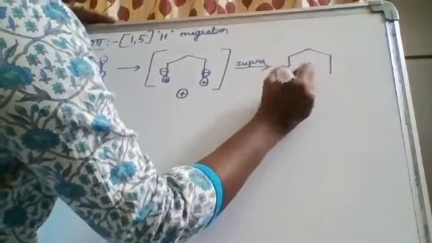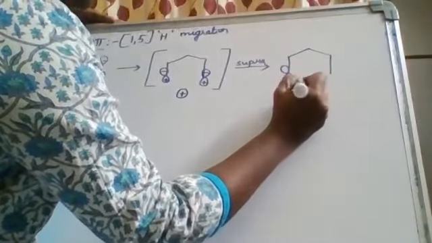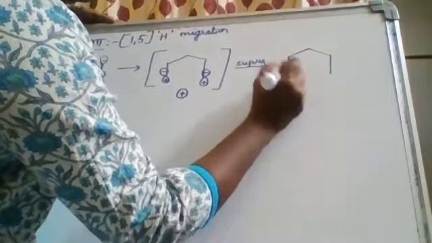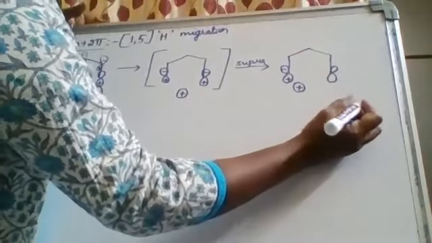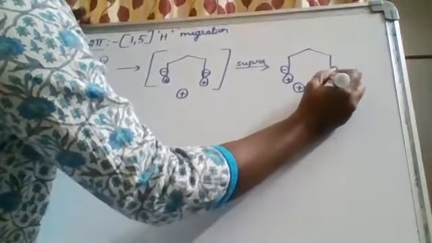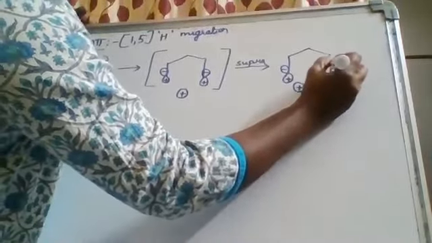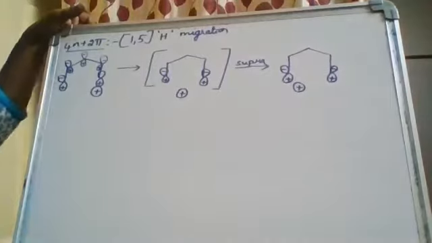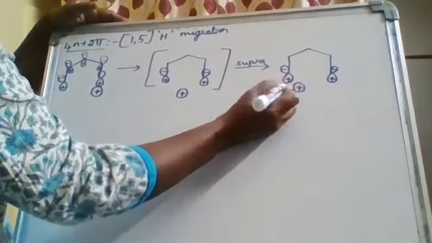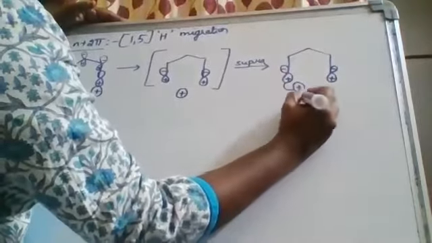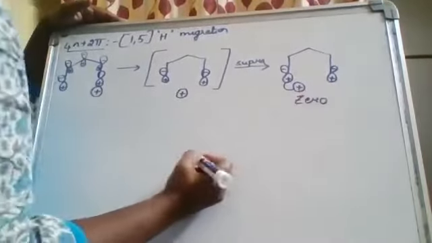Okay, so when you're going to do a suprafacial migration, check in the transition state: are you going to get a node, or a bonding interaction, or an anti-bonding interaction? If you're getting a bonding interaction, then it is a zero node. If you're getting an anti-bonding interaction, check for how many anti-bonding interactions you're having. So here I'm going to have a bonding interaction. I have zero nodes.